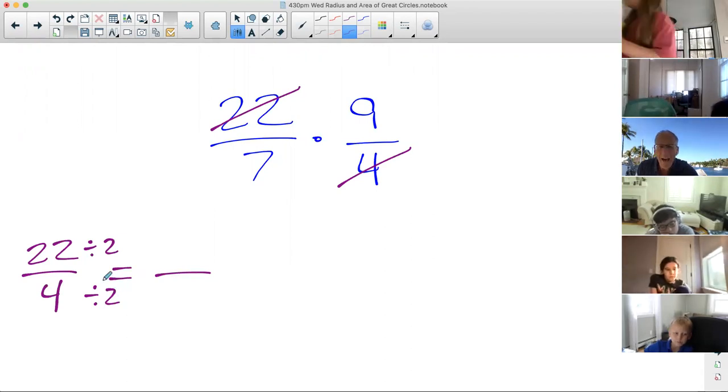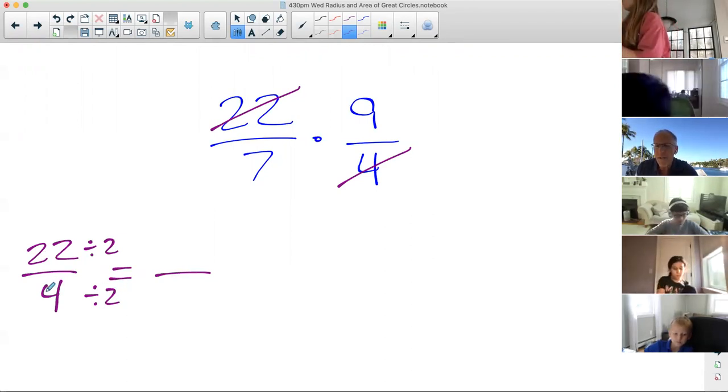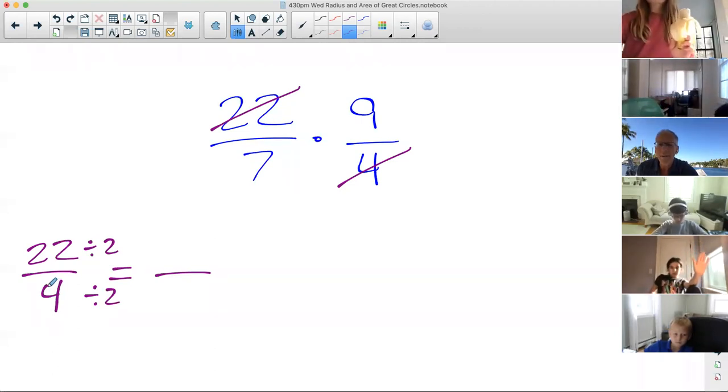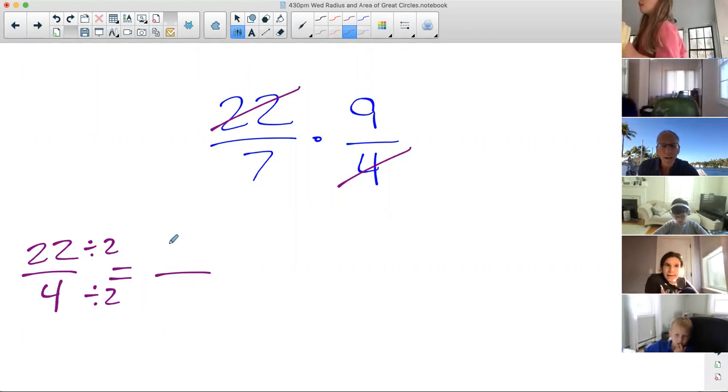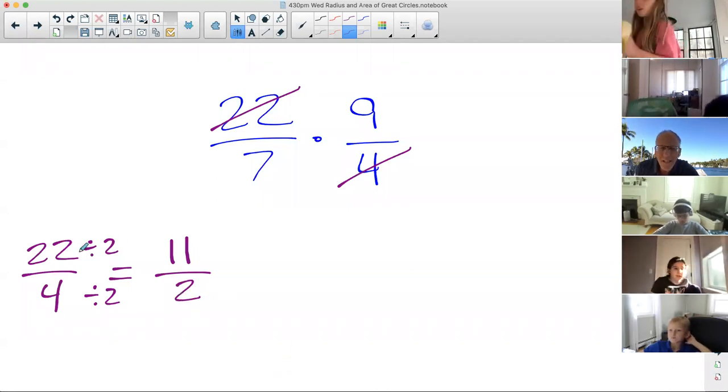Who thinks they have 22/4? If you have it, raise your hand. Go, Sarah. You're going to have to unmute yourself, Sarah. To simplify it, would it be 11 halves? Wow. Does everybody agree? Isn't 22 divided by 2 11?